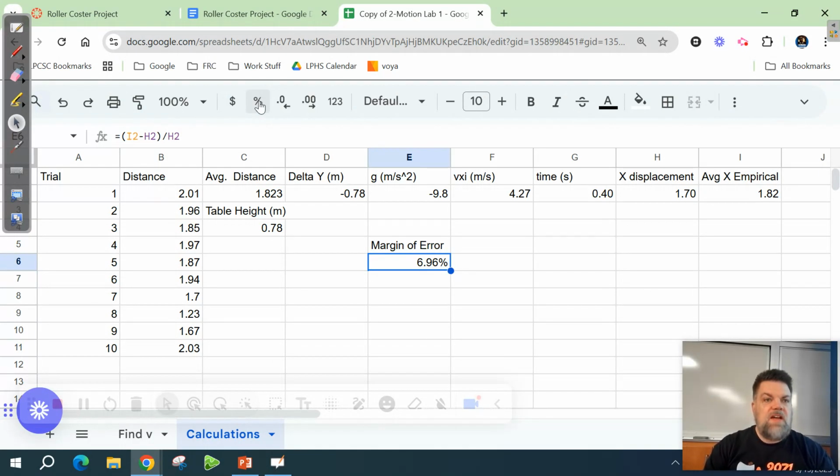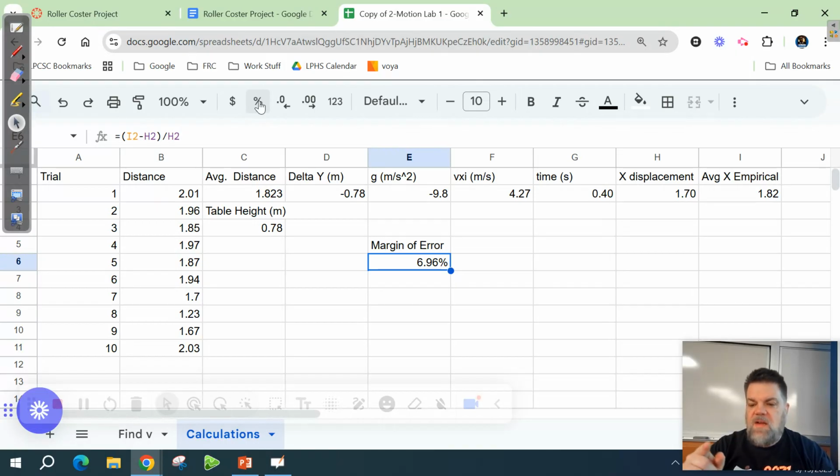So my margin of error, and when you do real science, you would do this at least 30 times, calculate each individual calculation, and then the way you would find the margin of error is you would need to know how to do statistics. But it's not far off from this. You would just repeat this process several times and then standardize it.